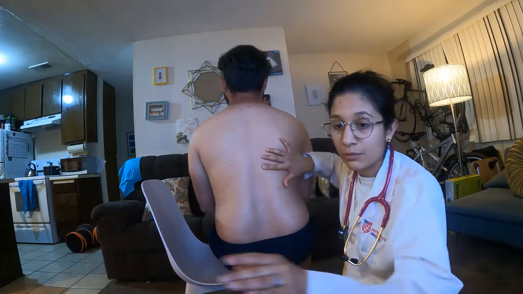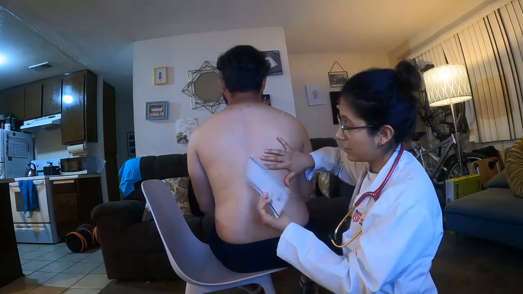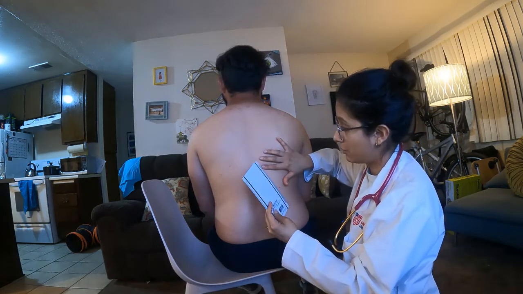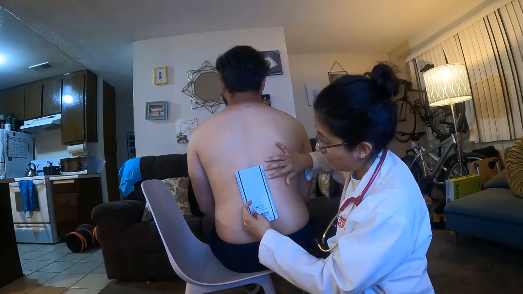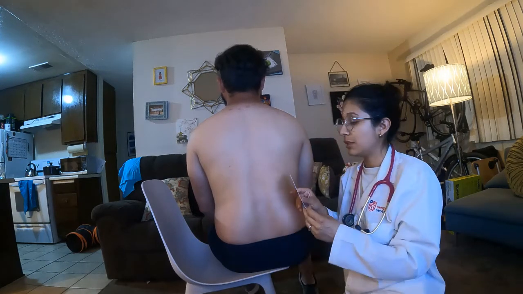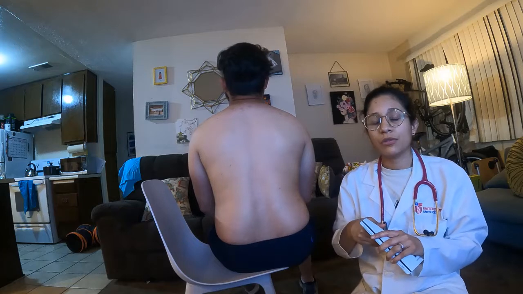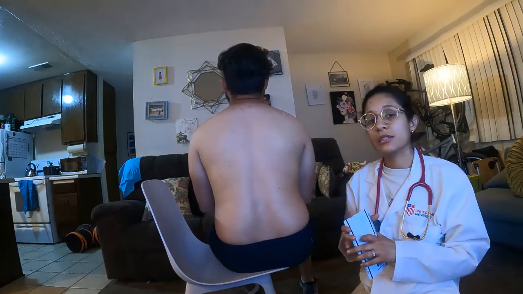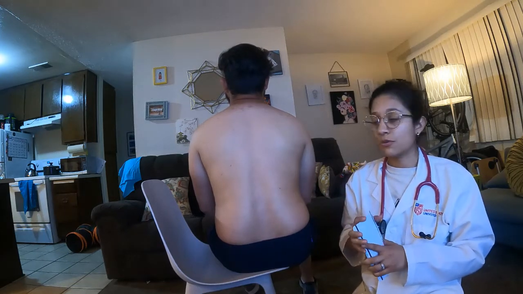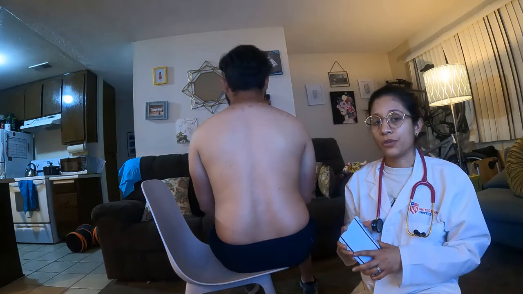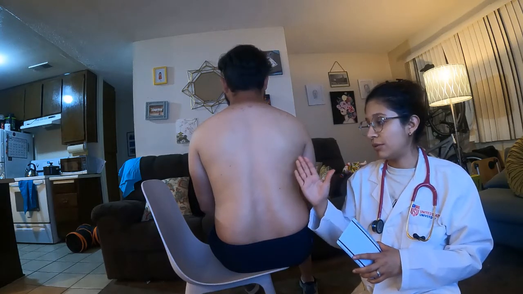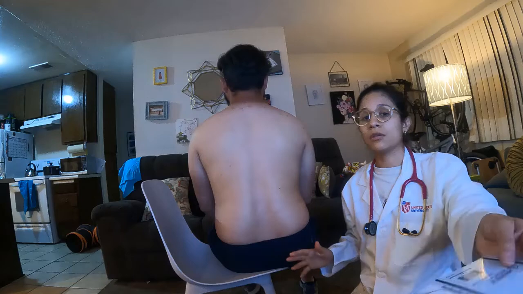And right here, what I'm looking for is that dullness, and we can also measure it in centimeters. The normal finding will be anything between 3 to 5 centimeters. In this case, it was 3 centimeters for him, which is our normal finding. And I will do it on one side and compare it to the other.